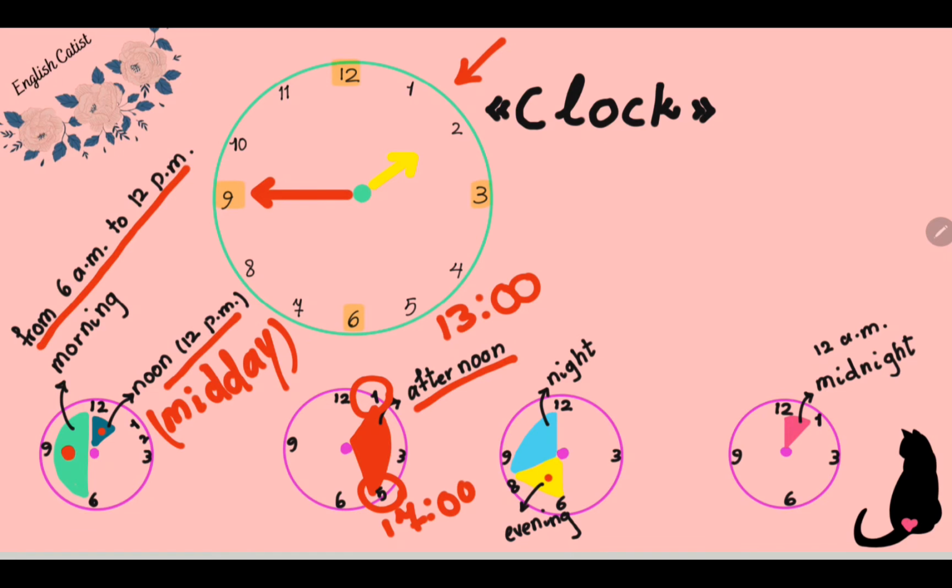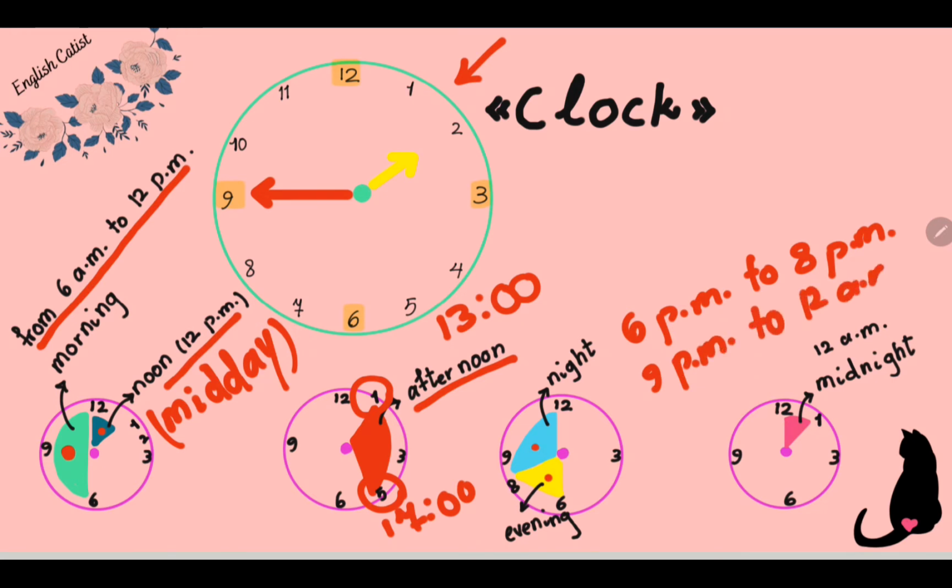This part is evening. Evening is from 6 p.m. to 8 p.m. And after that, we have this part from 9 p.m. to 12 a.m. We call this part night. And the last part is 12 a.m., or also we can say midnight.